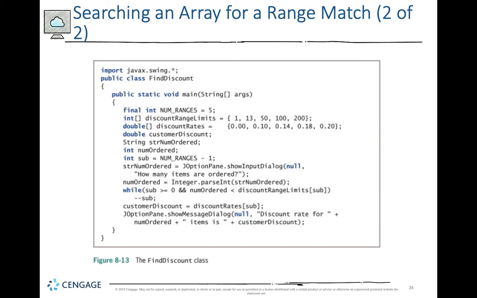And the number ordered has to be less than the discount range limit of the sub. So what is the number ordered? Well, that's the number you entered.